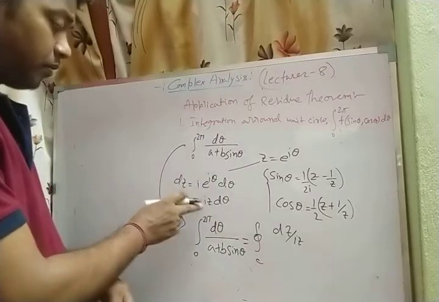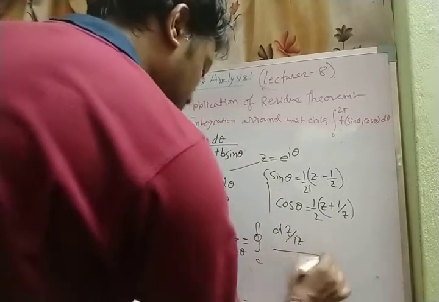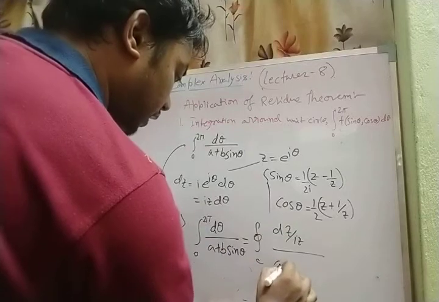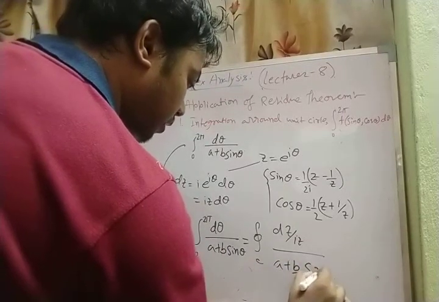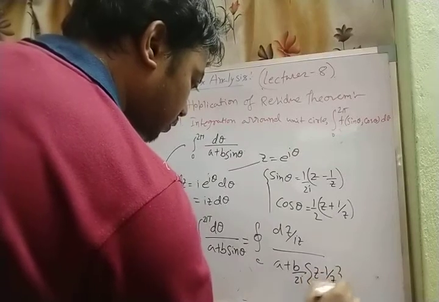So dz by iz is equal to d theta, and the lower term would be like this: a plus b by 2i into z minus 1 by z.